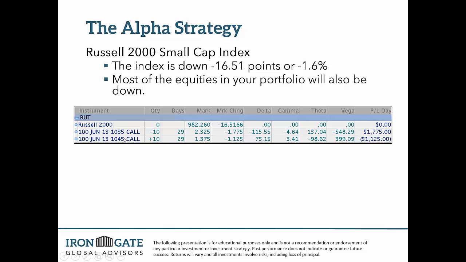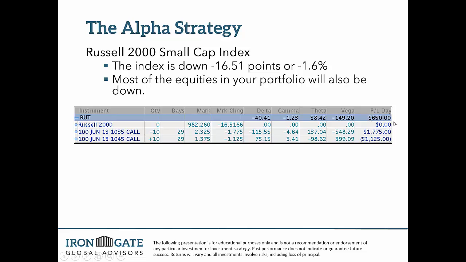And so your max loss would be, and we'll look at a real life example of the markets today, the spread, that difference, the 1035, 1045, less your premium received.